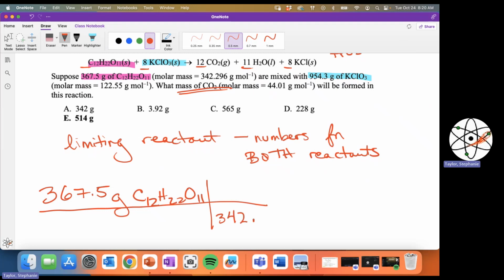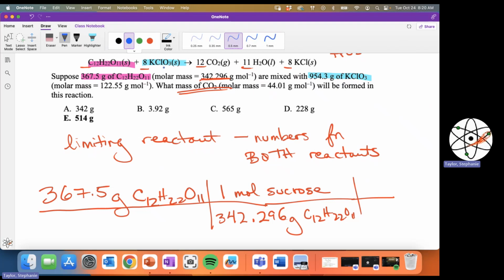Unless I already have it, my molar mass was given to me in the problem, so I don't have to calculate that. So molar mass is hanging out right there. I'm just going to use that number in 1 mole. I'm actually going to write the word sucrose. It's a little easier than C12H22O11. Then I'm going to use my coefficients.